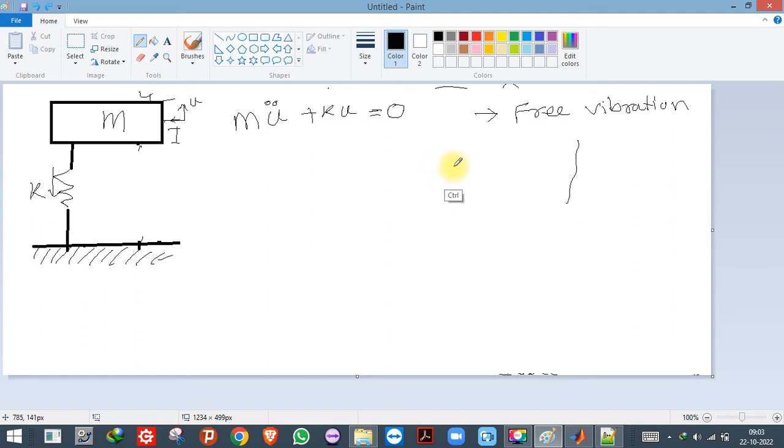So to solve this equation of motion, what do we do? Simply, you can assume the solution for this.